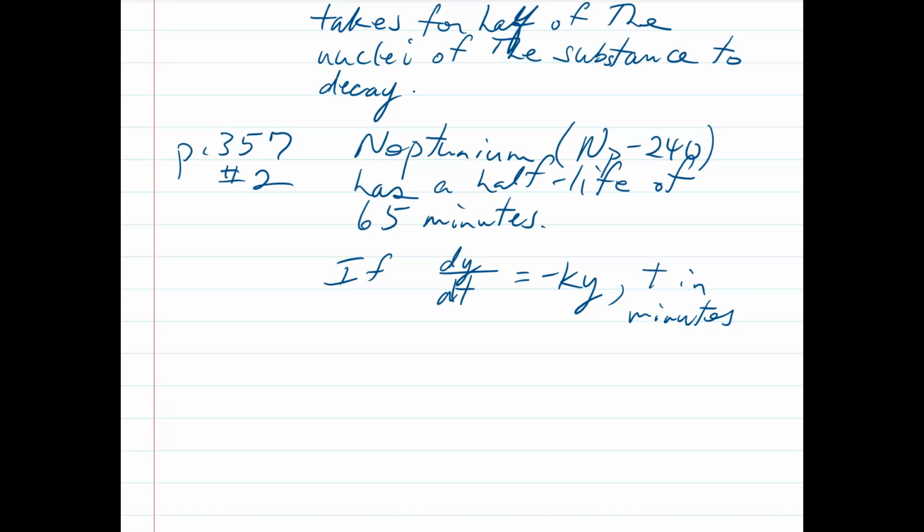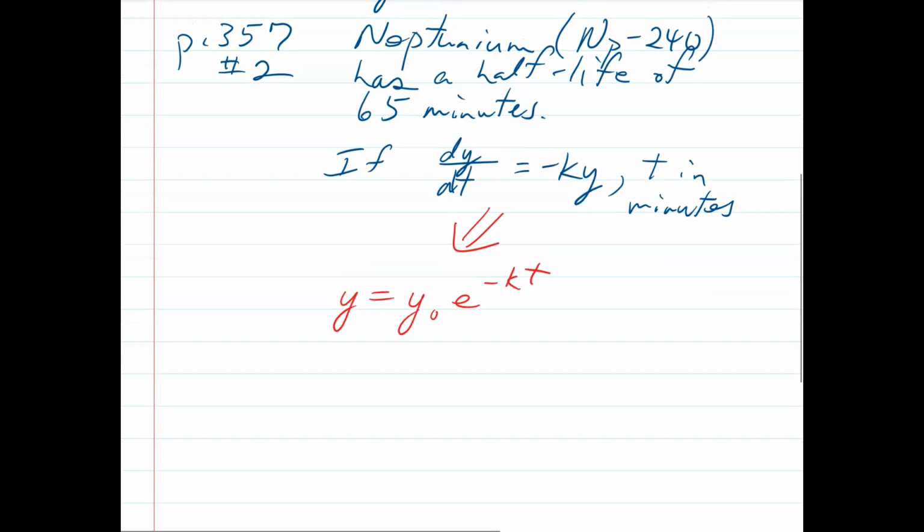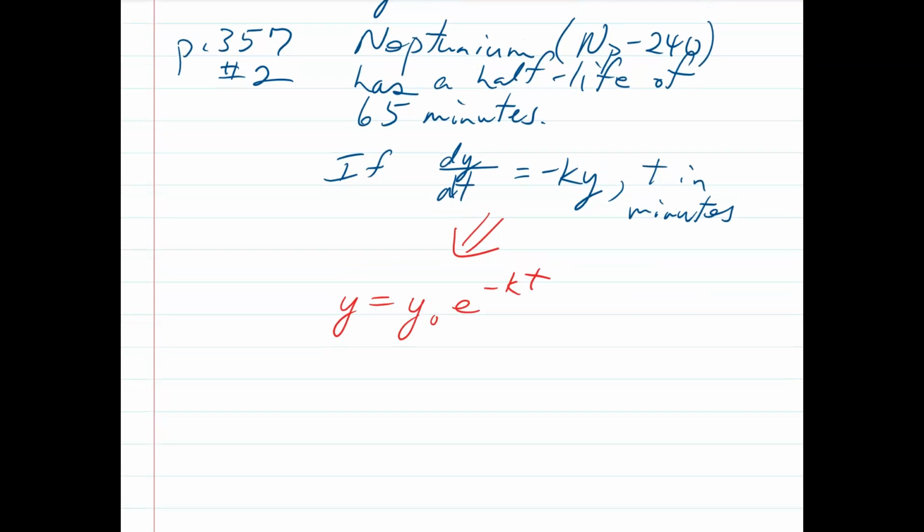And so what we're going to write now is this. We know that the law of exponential change tells us that from dy dt equals negative ky, we have this equation that results, that solves that differential equation. Now, if we're looking for half-life, we know that y over here is 1/2 of the original amount, y naught.